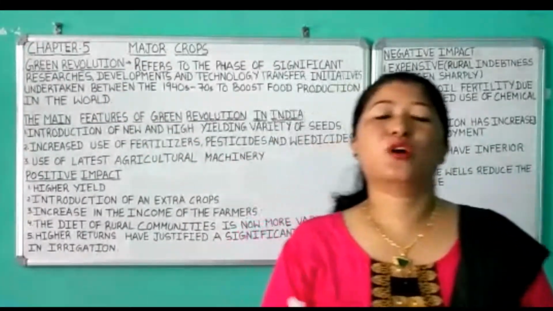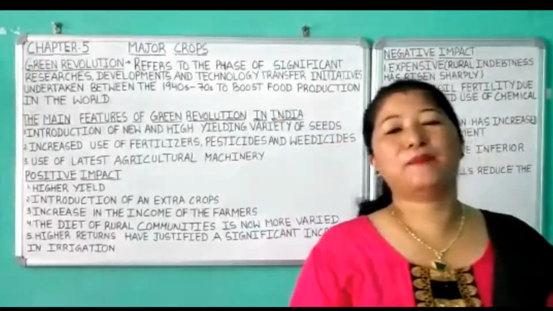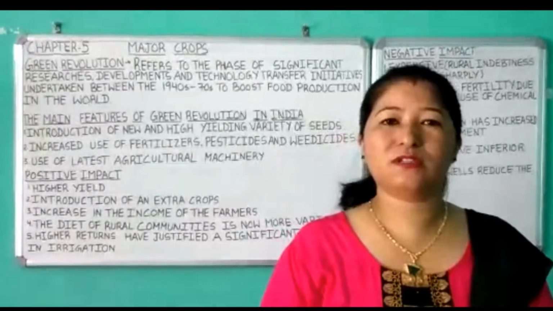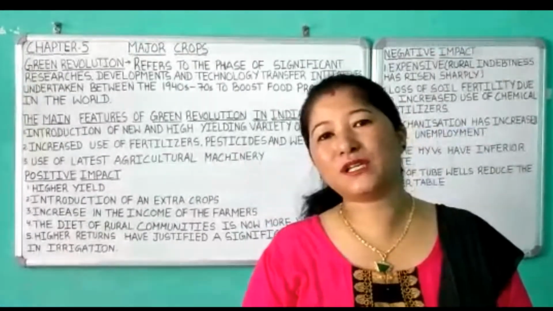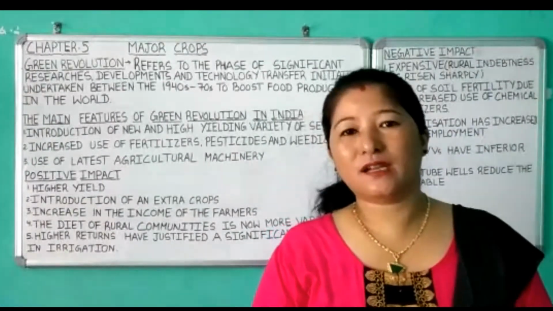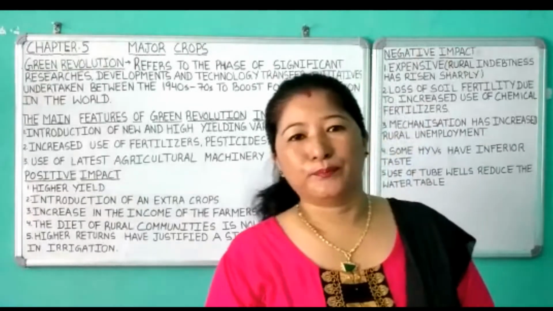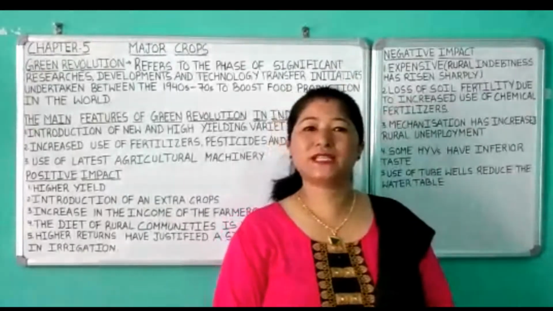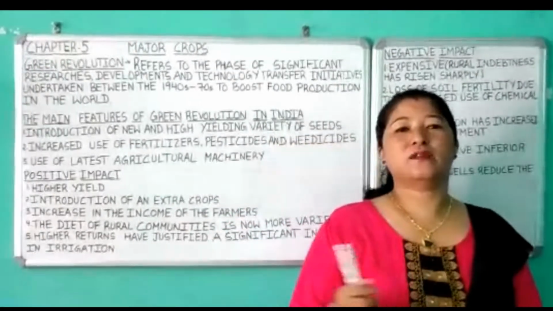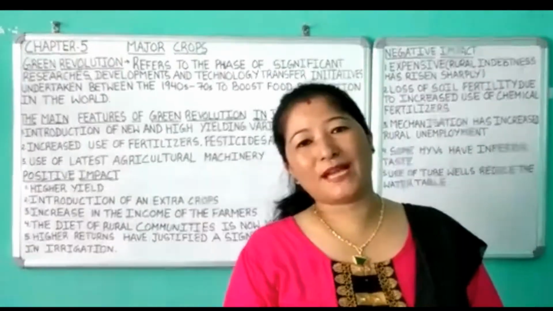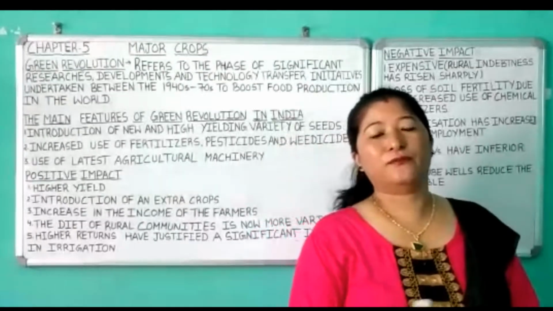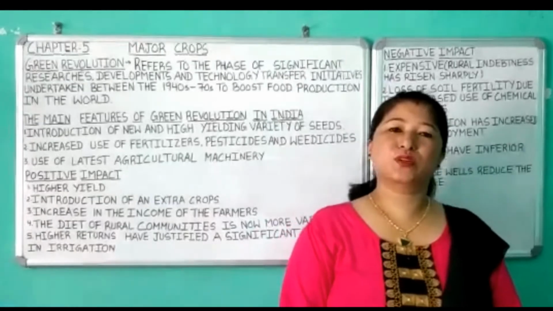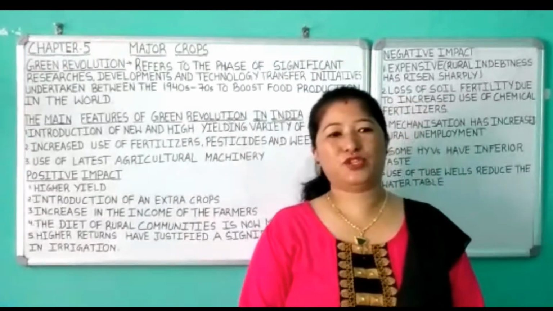Now throughout history, there have been many events, or you can say revolutions, that have occurred and changed the life of human beings, like the industrial revolution, the American revolution. So in the mid 20th century, there was a revolution that dramatically changed the field of agriculture, and this revolution was known as the Green Revolution.